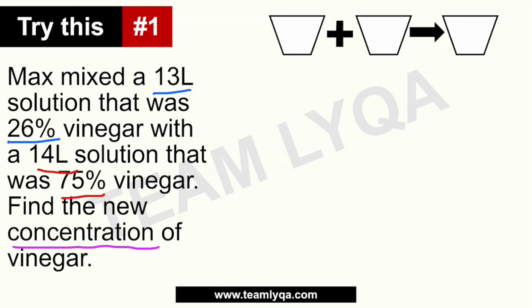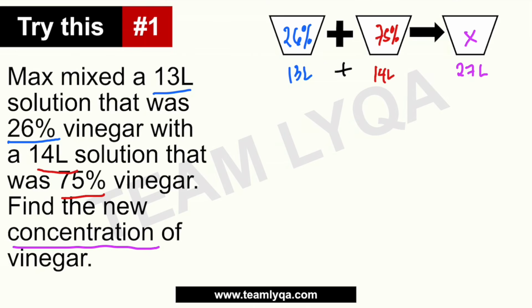So, ipipila lang natin siya. So, now we have 13 liters, ito ay 26%. Ihalo daw siya sa 14 liters na 75%. Ang hinahanap yung kalalabasan na solution. Tapos again, kung 13 liters ito at 14 liters ito, kung pagsasamahin ko siya, i-add lang natin siya, ang kalalabasan niyan would be 27 liters.